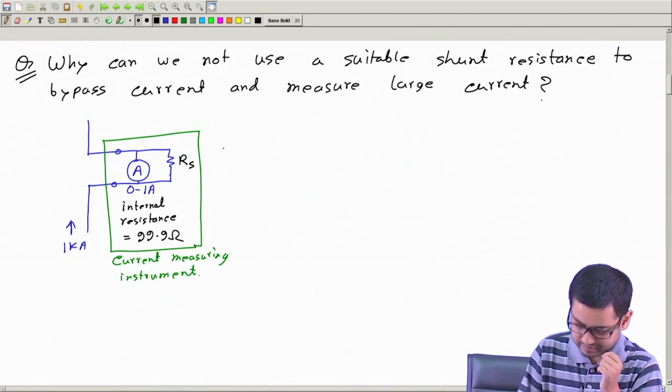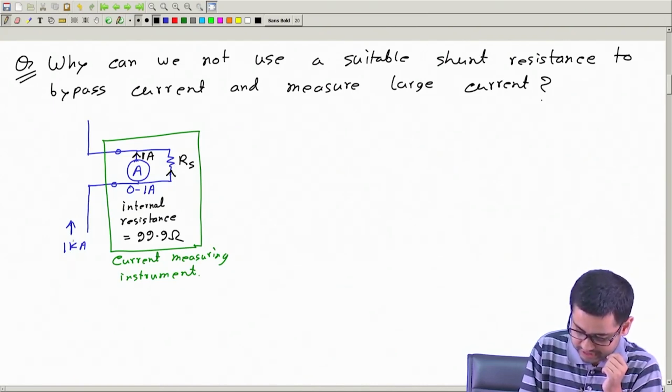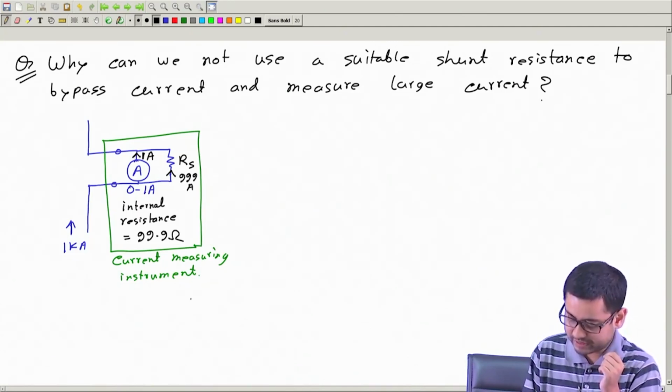We want that if this current is 1 kiloampere, only 1 ampere current will flow through the ammeter. So, this current here will be 1 ampere and the remaining current will go through the shunt. This is 1000 ampere, this is 1 ampere, so we will have 999 ampere current flowing through the shunt.